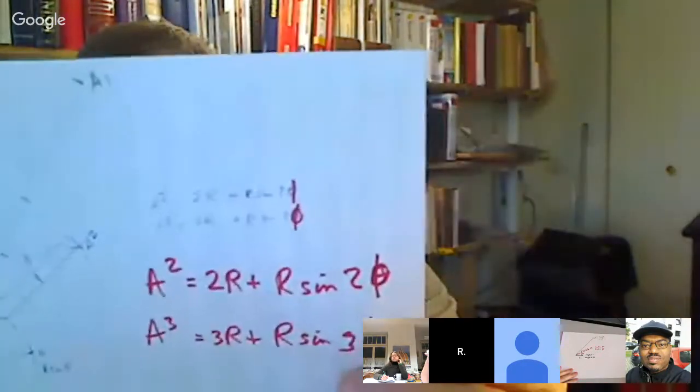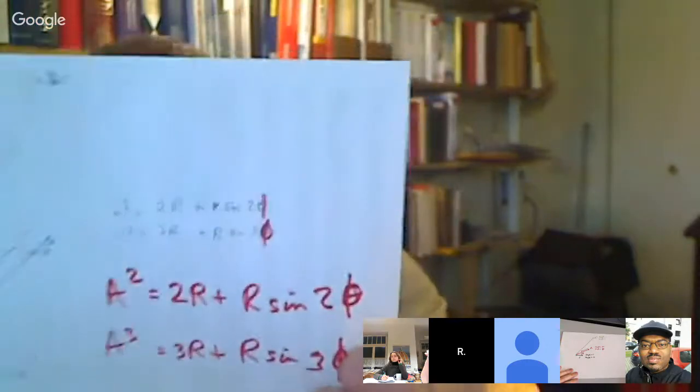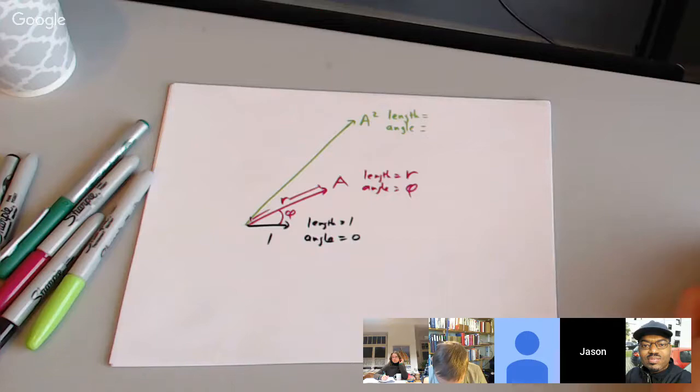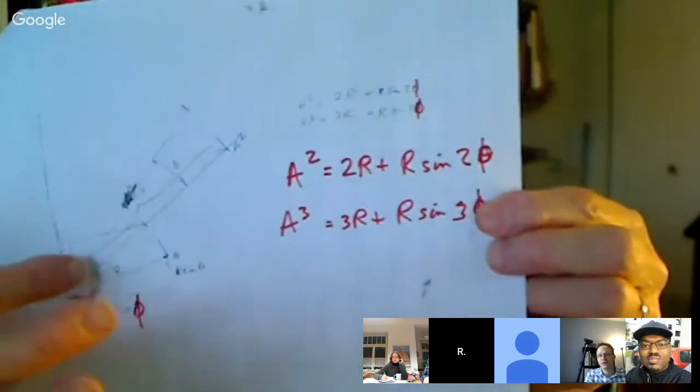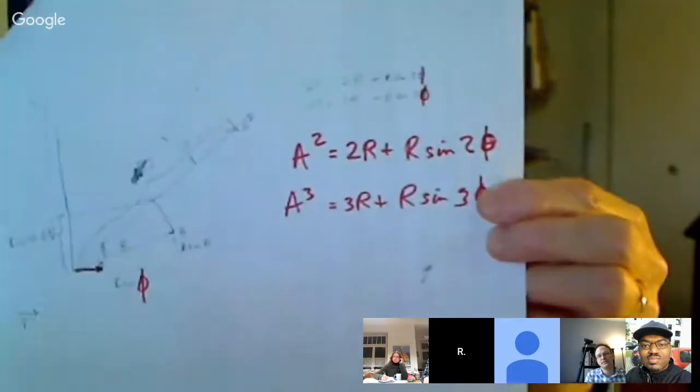So I took the length of it as just the normal 2r, and then I took one component. I don't know how I came up with that really. Oh, and I'm getting my phi's and my thetas confused here. So I split it up into a vertical and a horizontal component.